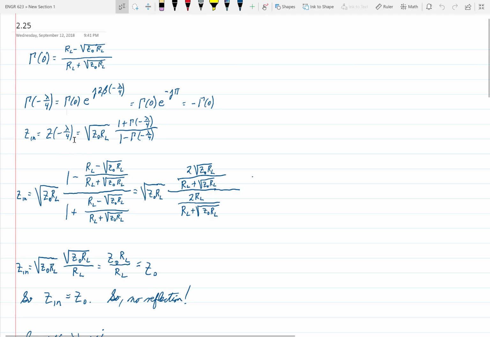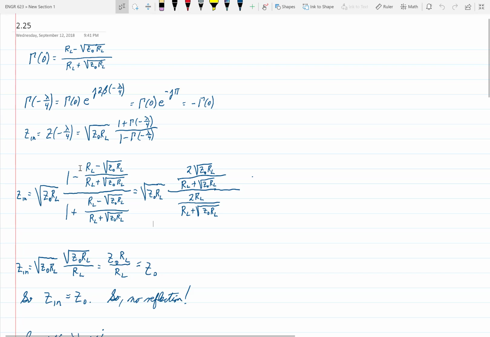So since we want Z at minus lambda over 4, that becomes square root of Z0 RL times 1 plus gamma of negative lambda over 4 divided by 1 minus gamma of negative lambda over 4. And since gamma of negative lambda over 4 is minus gamma of 0, that all becomes: Zin is equal to the square root of Z0 RL times 1 minus gamma of 0 over 1 plus gamma of 0.